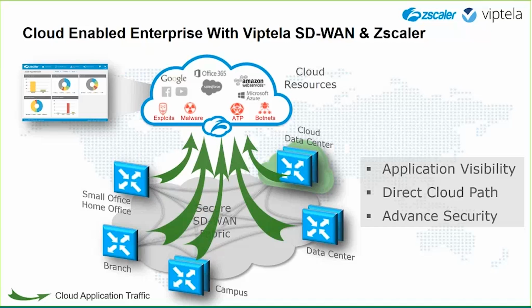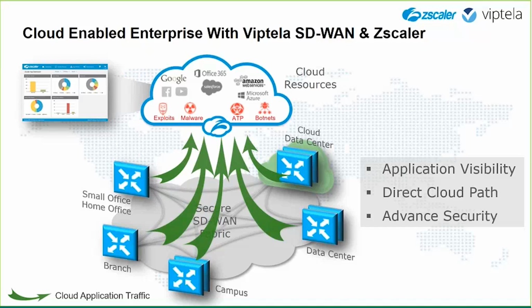Now, in order to enable and deploy this, it's actually very, very simple. All you have to do is, as Steve was mentioning, put all of the policies in place on the Zscaler cloud for the applications of interest. Then go to the Viptela portal and say, these are the sites, these are the applications, go to Zscaler. And it's really that simple.